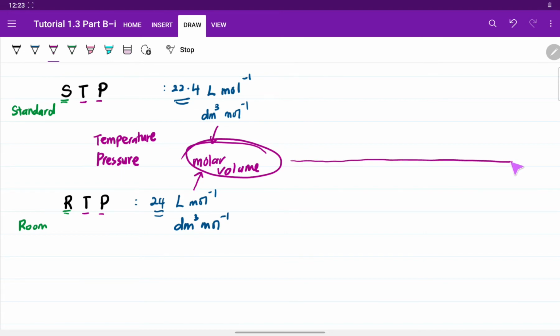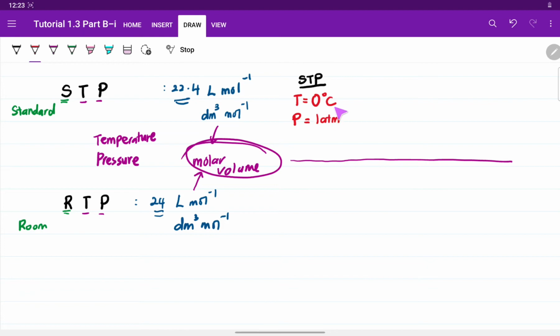Apa yang kita nak tengok adalah, kalau STP, temperature dia adalah 0 degree Celsius. Kemudian pada STP, pada standard temperature and pressure, pressure dia adalah 1 atm.